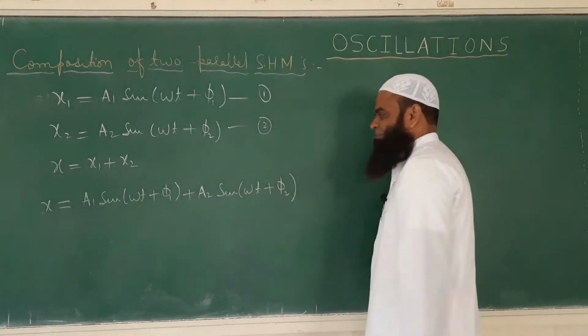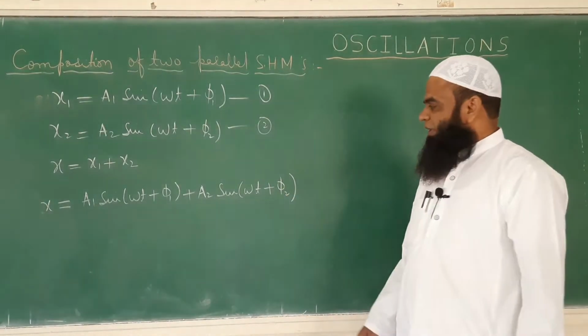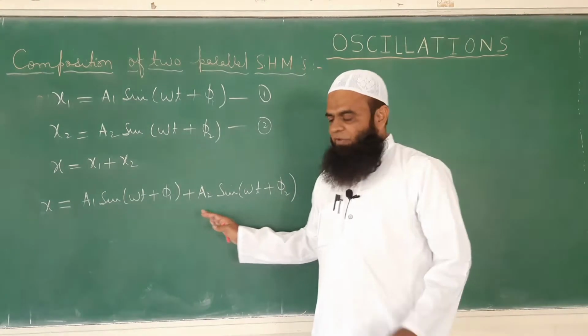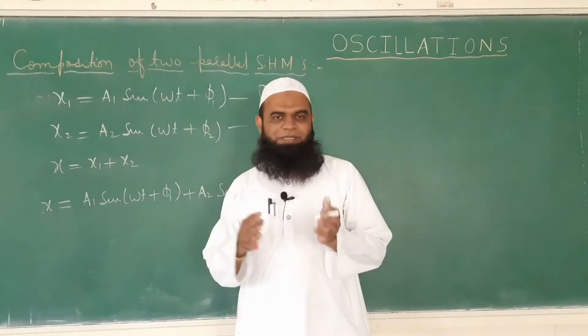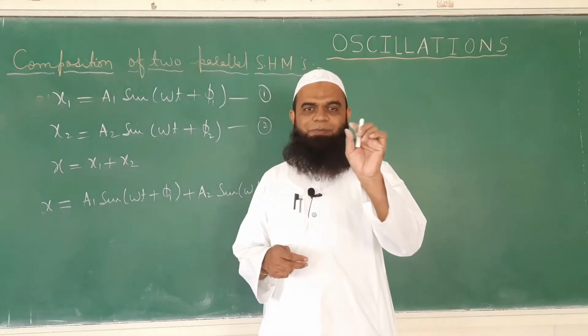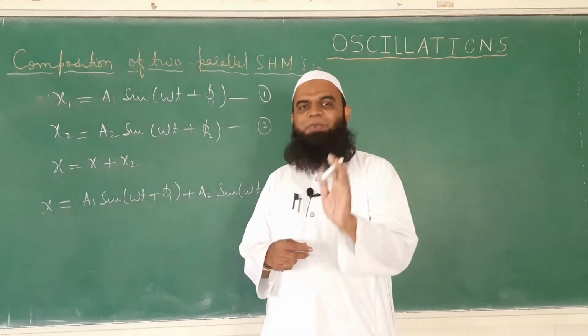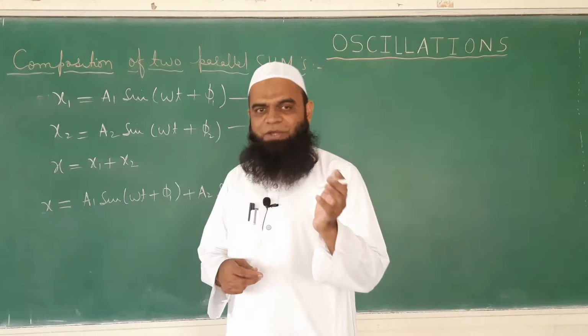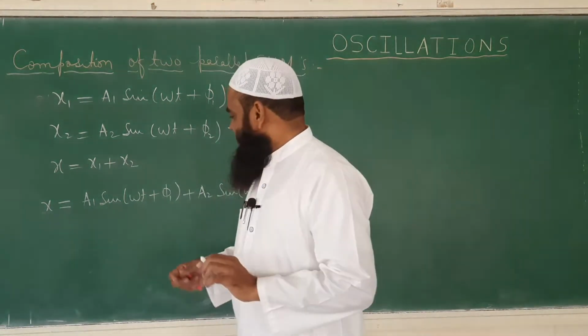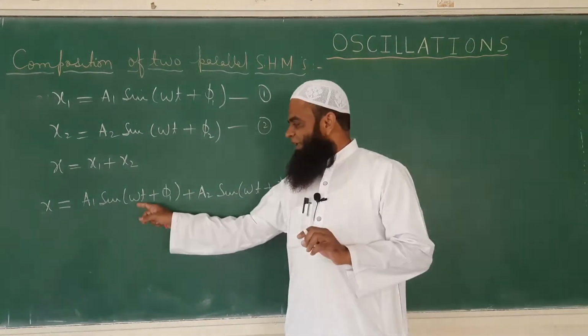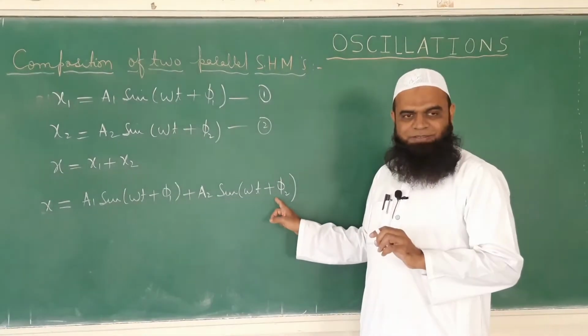Now in order to solve this, we will use one trigonometric relation, and that is sin(A plus B) equals sin A cos B plus cos A sin B. By using this trigonometric relation, we will expand these two brackets.